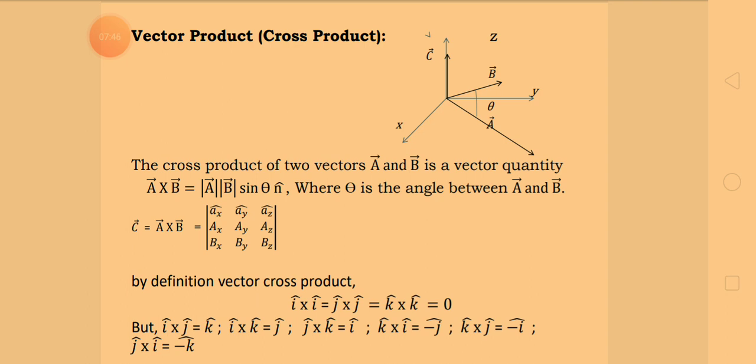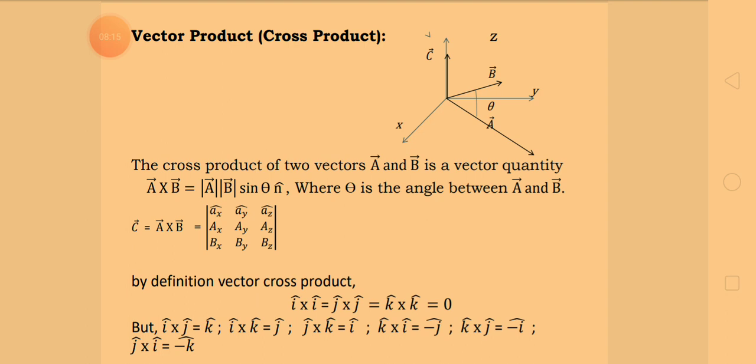The vector product of these two vectors, say vector A and vector B, as shown in the slide, which is in the three-dimensional view, the resultant of vector A and vector B is vector C. So the magnitude of vector C is the product of the magnitudes of vector A and vector B and the sine of the angle between them.